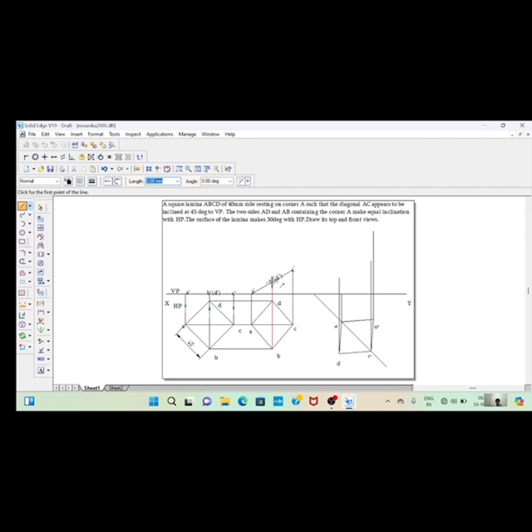Now also project from B dash to C, and C dash to C. Now go to trim option and trim the lines which are not needed.